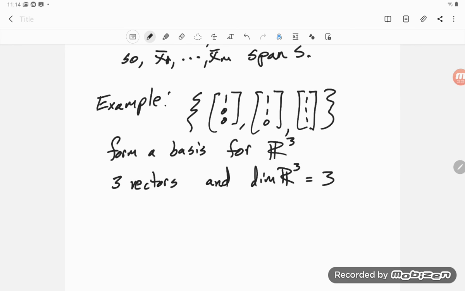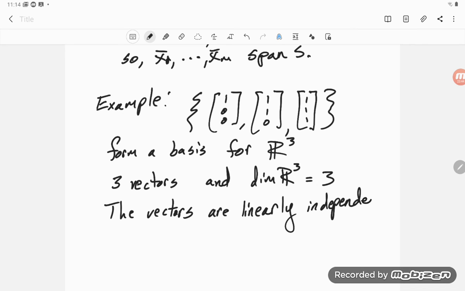And I also know those vectors are linearly independent, because I've done a lot of these.